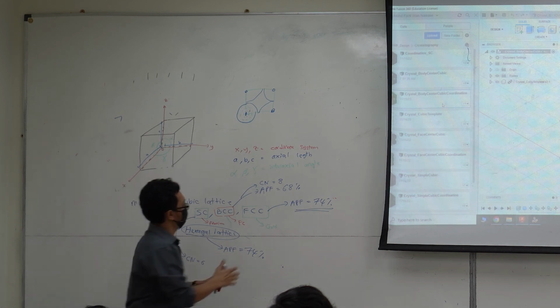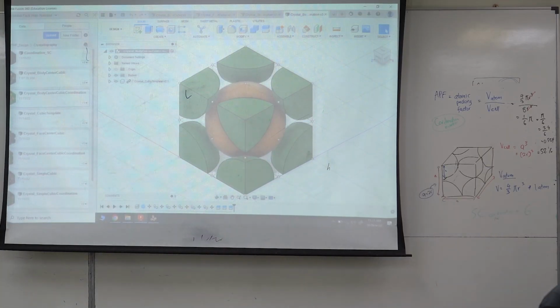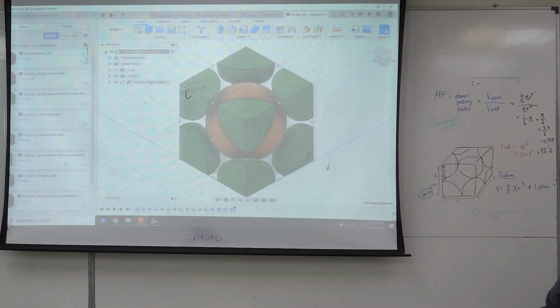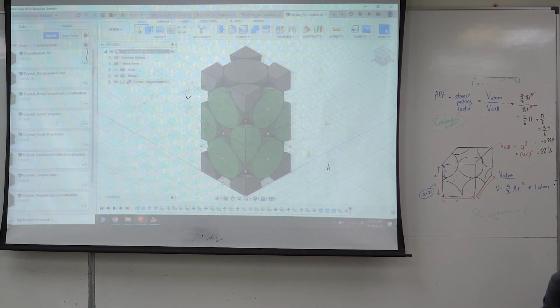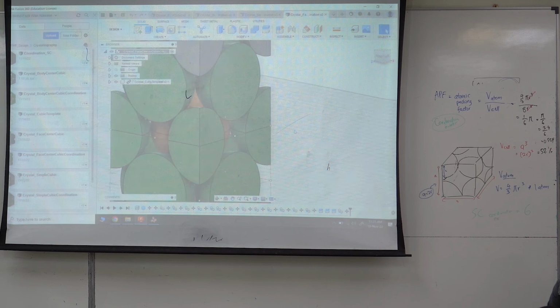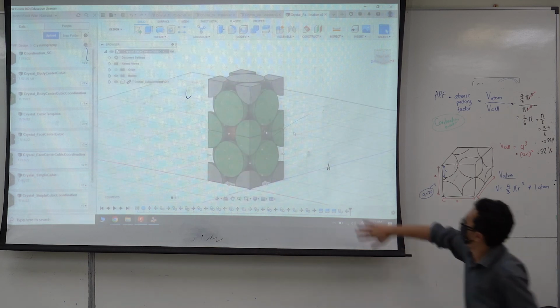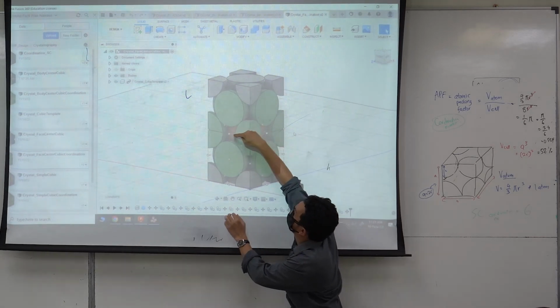And for the FCC, face center cubic, if I draw it like this, the one that I showed you before is just one cell. But I want to show you how the atoms touch each other.